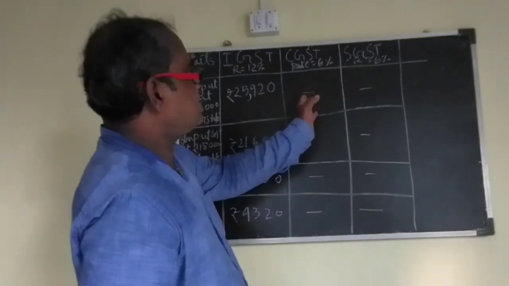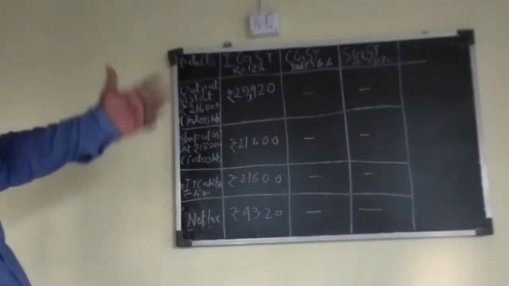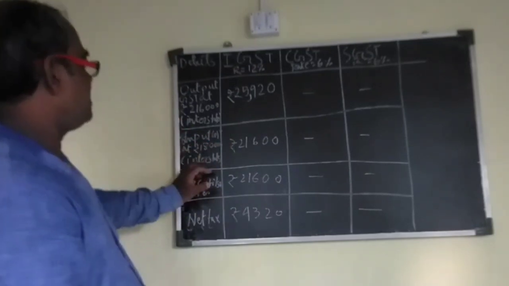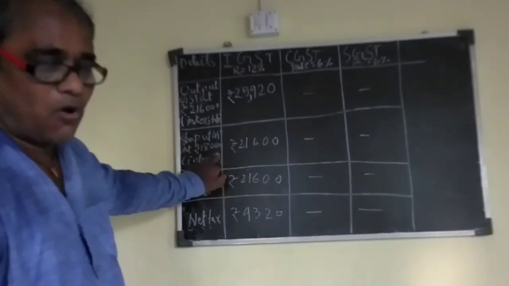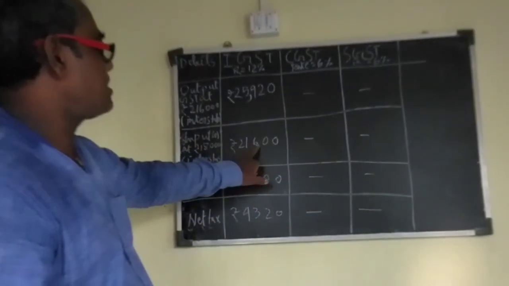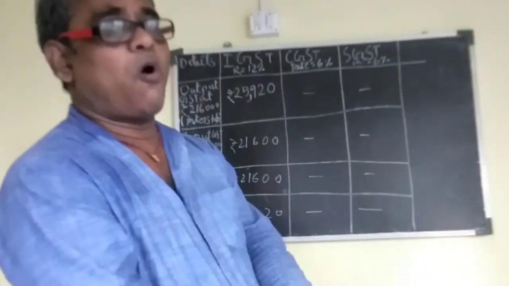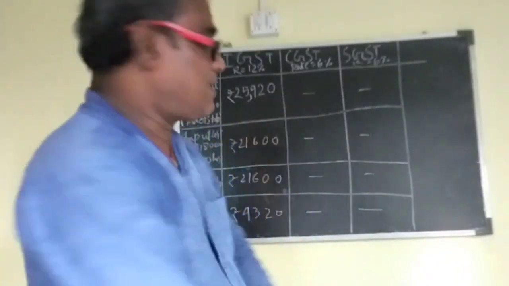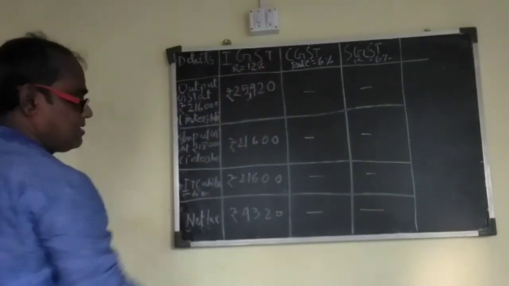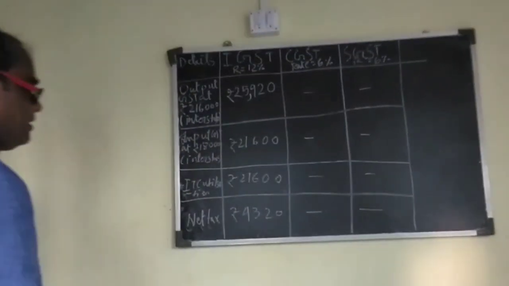There is no CGST over here and SGST. Again, when the dealer purchases the good, his input GST on rupees 1,80,000. Already we have done that part, is rupees 21,600. The dealer, the transaction there was also interstate transaction. So we write that GST under IGST.